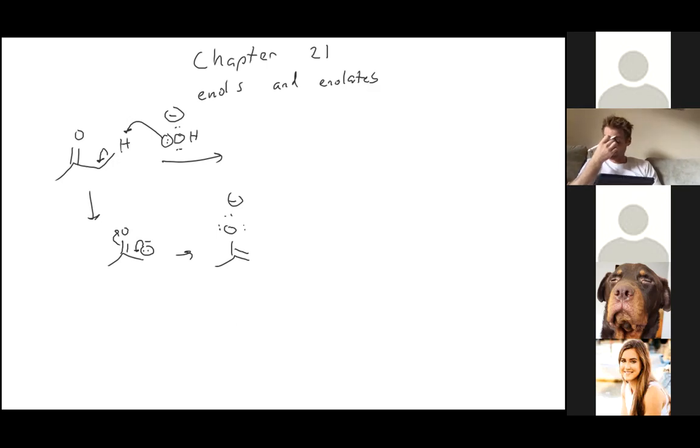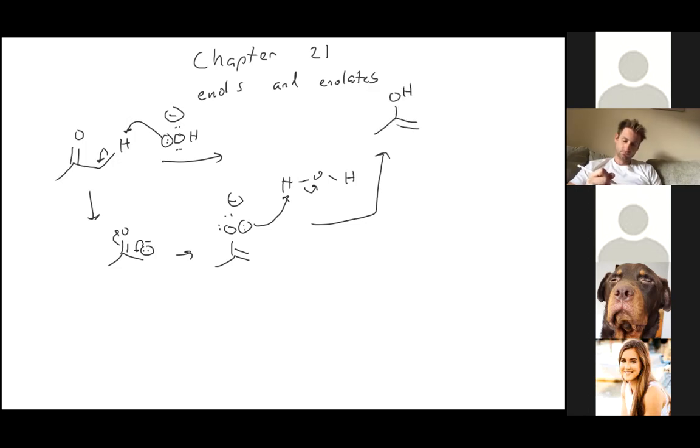And then from here, that oxygen can pick up the proton that we originally pulled off, and it's going to give us what we refer to as an enol. So this is our base catalyzed mechanism. It's referred to as a tautomerization because we're pulling off a proton and putting it somewhere else.